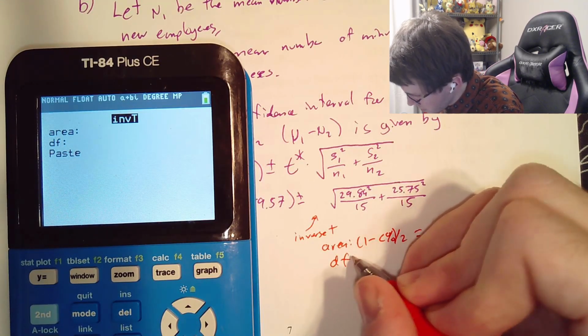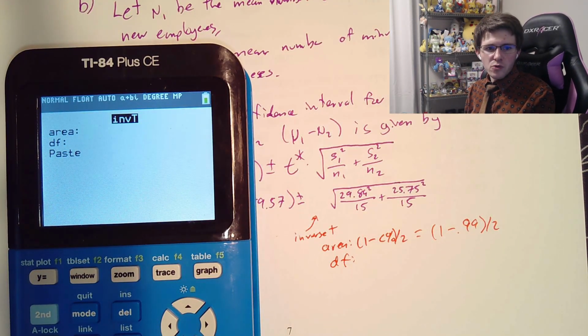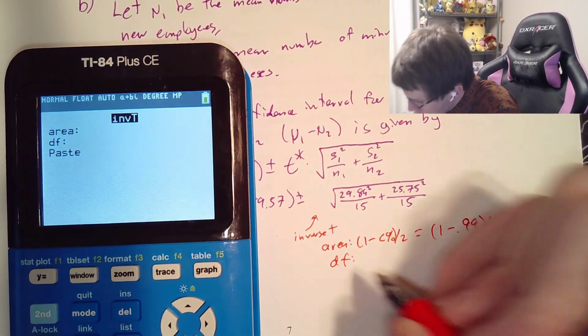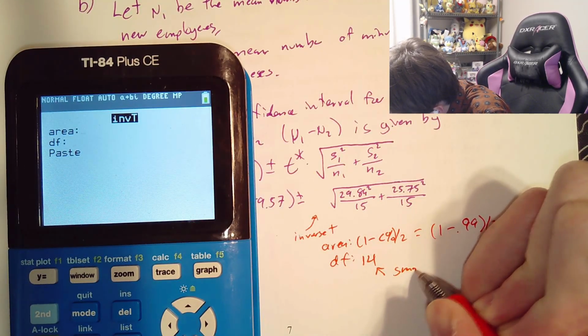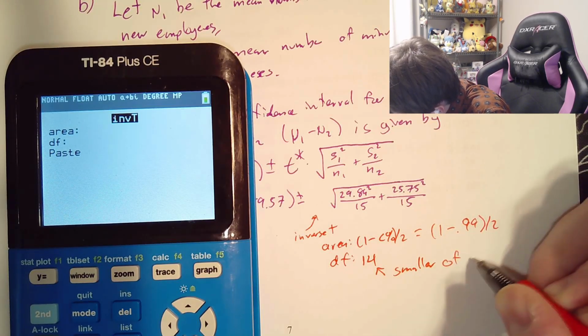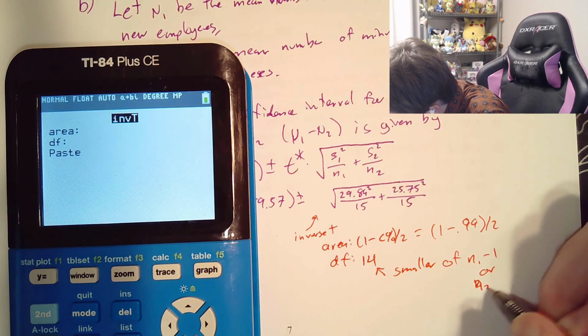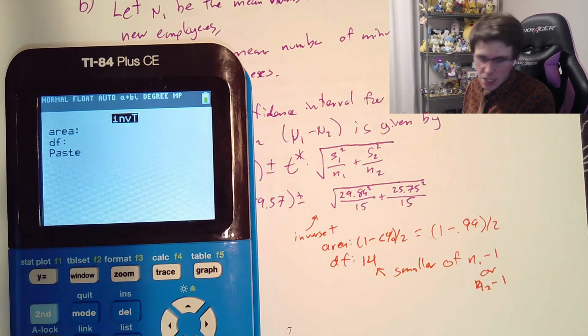For our degrees of freedom, you have a couple of options. The most conservative one is simply the smaller of n1 minus 1 and n2 minus 1. In this case they're both 14.